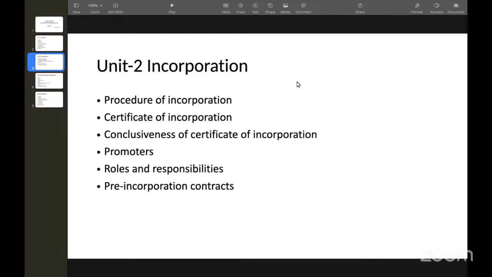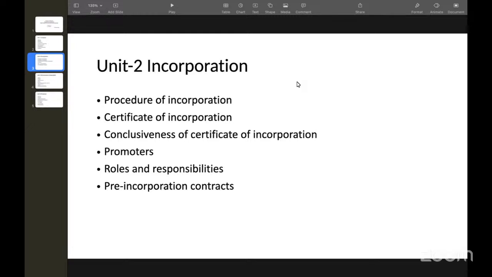Third is drafting of documents. Fourth is application for digital signature certificates, that is DSC. Fifth is filing of incorporation documents. Sixth is payment of fees and stamp duty. Seventh, verification by registrar. Eighth, issuance of certificate of incorporation.